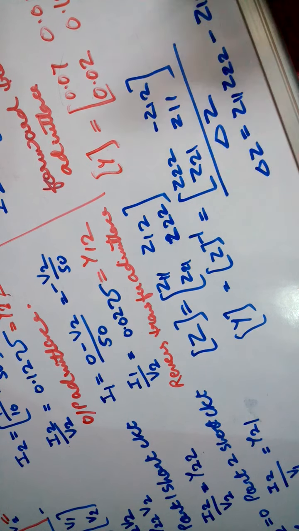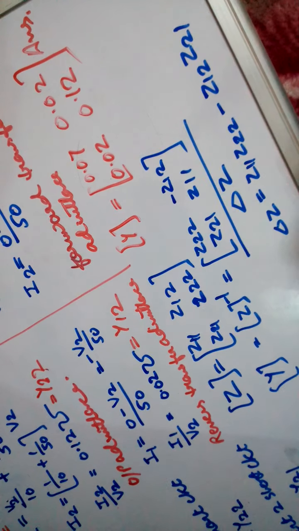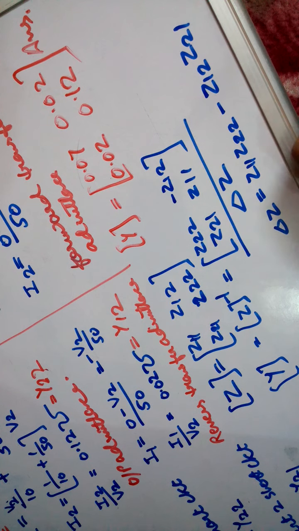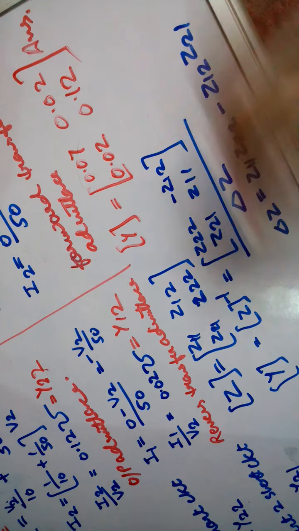Hence you can easily calculate the Y parameter by taking out the Z parameter. It's the short trick.